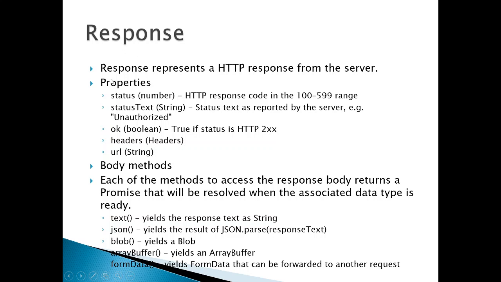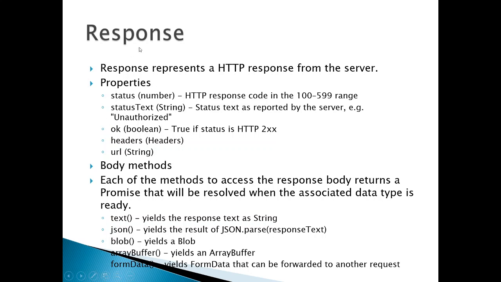In a response, we can have multiple things, as we have seen: the status number, the status text. OK means the boolean true. We can see response.ok, that means the response is OK, which is 200. Headers and the URL, these are all the properties that are available with the response.